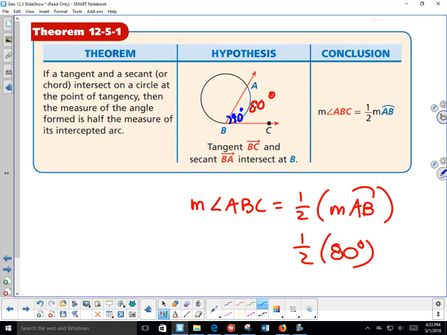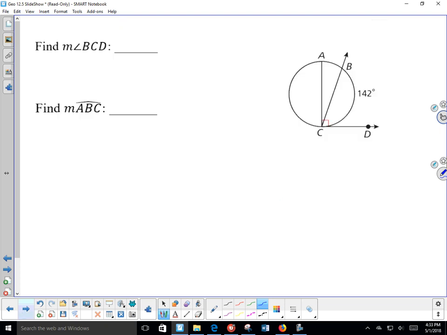All right? So let's take a look at this example. We're trying to find the measure of angle BCD. They're showing us here that arc BC measures 142. That arc is formed by this secant, ray CB, and this tangent ray CD.